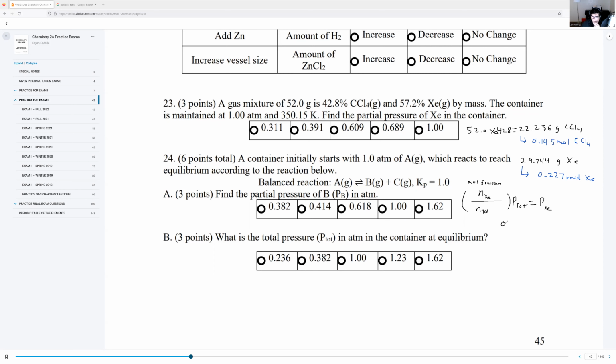So this is 0.227 moles of xenon over 0.145 plus 0.227, times 1 atm. That's what the container is maintained at.